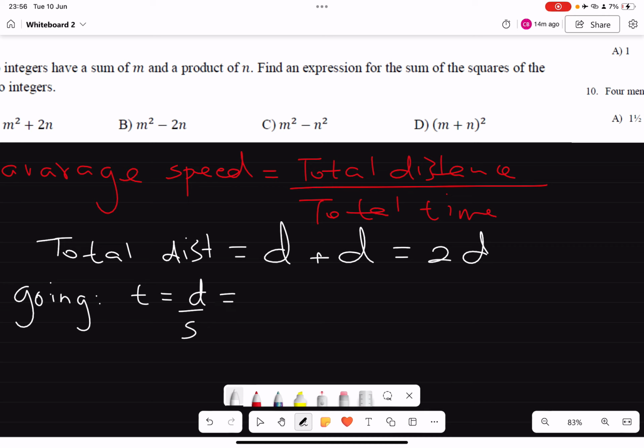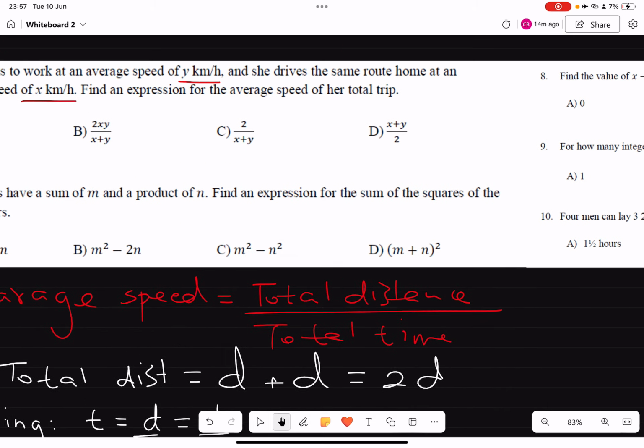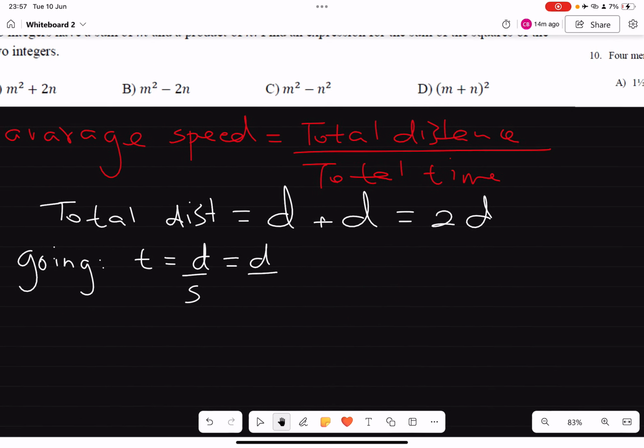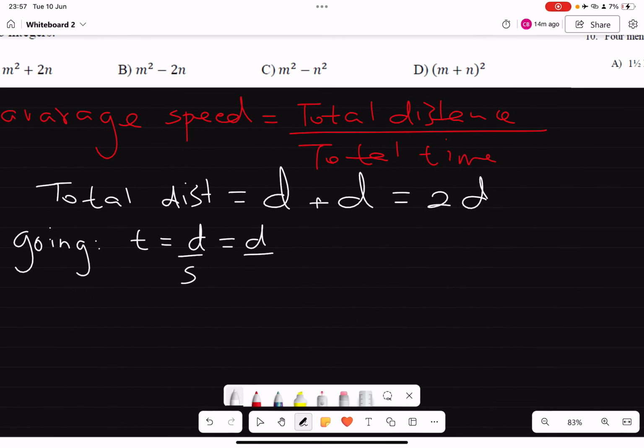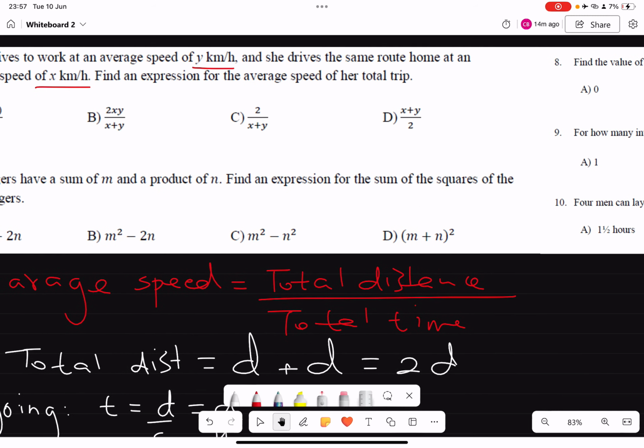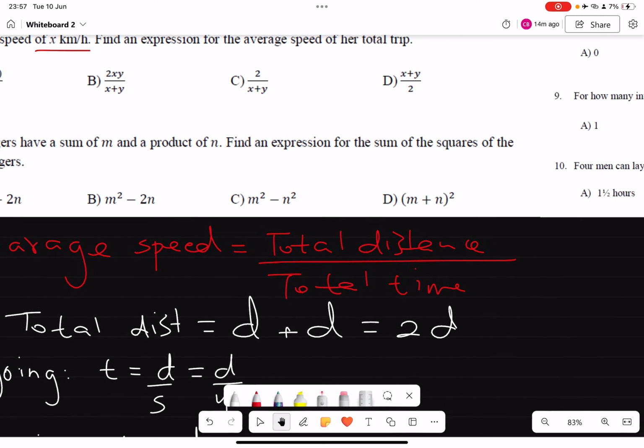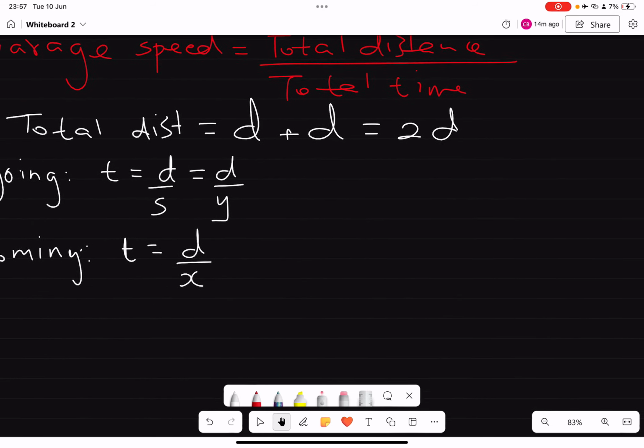But we know that the distance, we made it d, and the speed for going, we are told, was y. So the time for going is d over y. And for coming back home, the time will be t equals d over x, because when she came back home, she was traveling at x kilometers per hour, so our speed is x there.